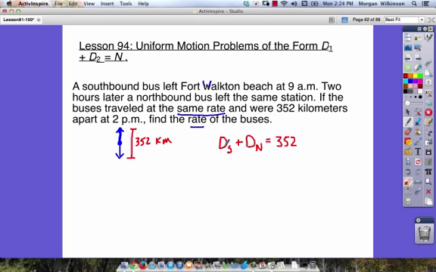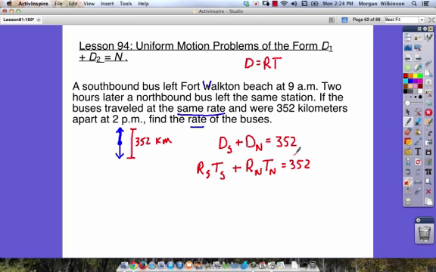Now remember, distance equals rate times time. So if we write that out, d equals RT, we can now go ahead and substitute R, the rate, times t, the time, in for distance. So the rate of the southbound bus times the time of the southbound bus plus the rate of the northbound bus times the time of the northbound bus is going to equal 352.